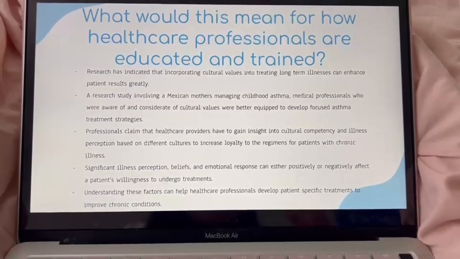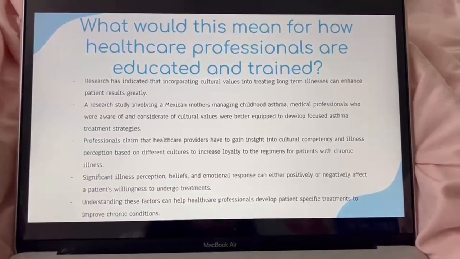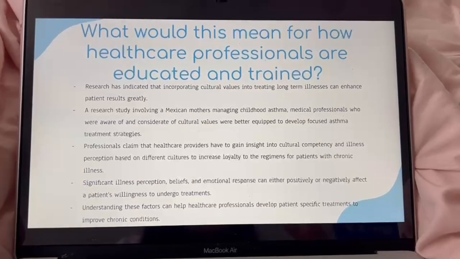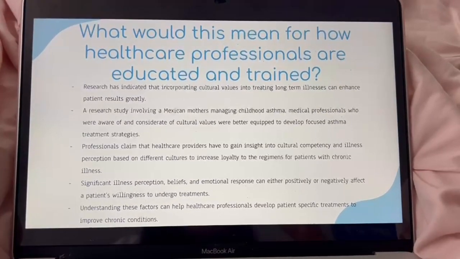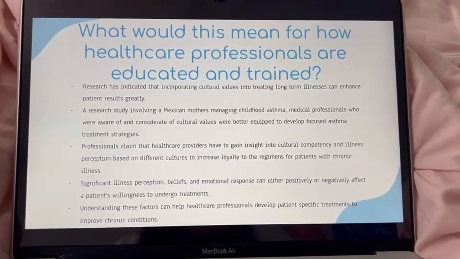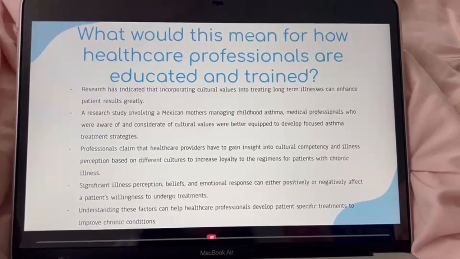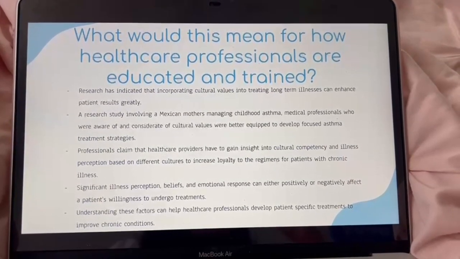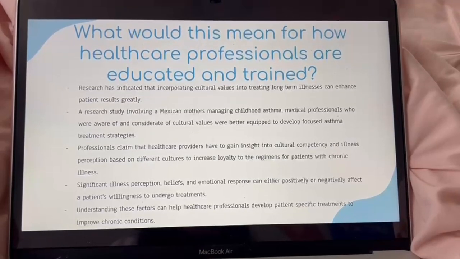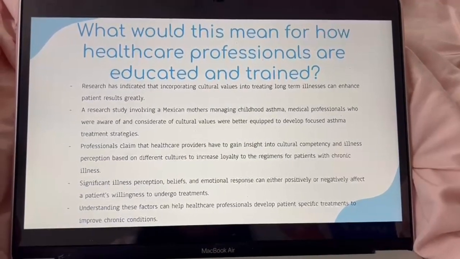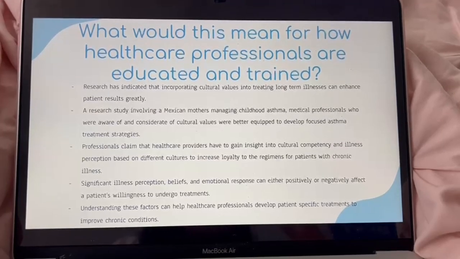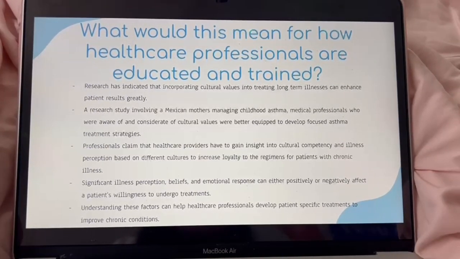Professionals claim that healthcare providers have to gain insight into cultural competency and illness perception based on different cultures to increase adherence to the regimens for patients with chronic illness. Significant illness perception, beliefs, and emotional response can either positively or negatively affect a patient's willingness to undergo treatments. Understanding these factors can help healthcare professionals develop patient-specific treatments to improve chronic conditions.